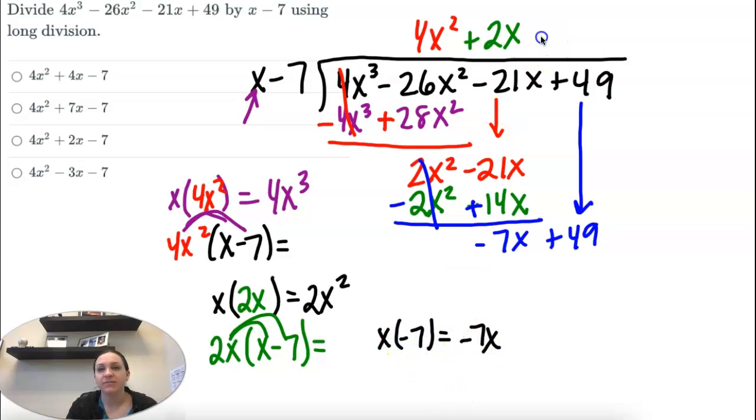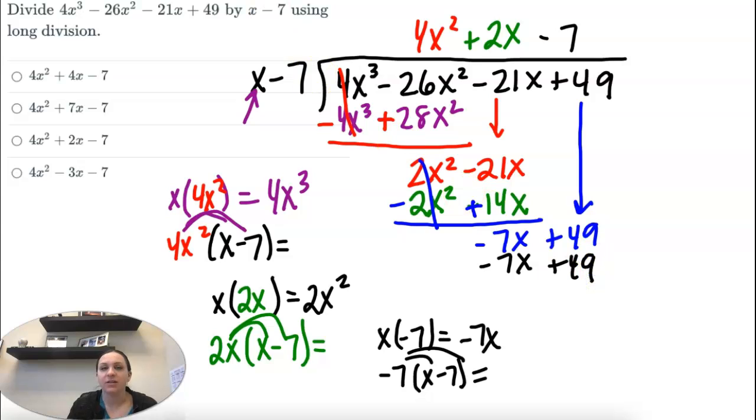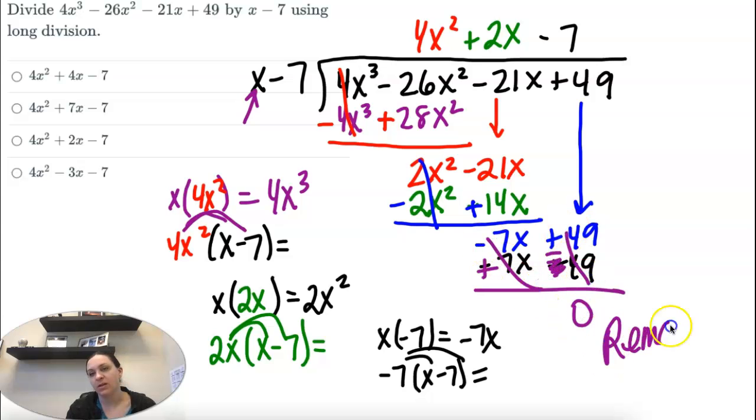It is negative 7. So take that negative 7 and multiply it by both the x and the negative 7. So negative 7x plus 49, but when we subtract, the signs change, and we get 0 as our remainder.